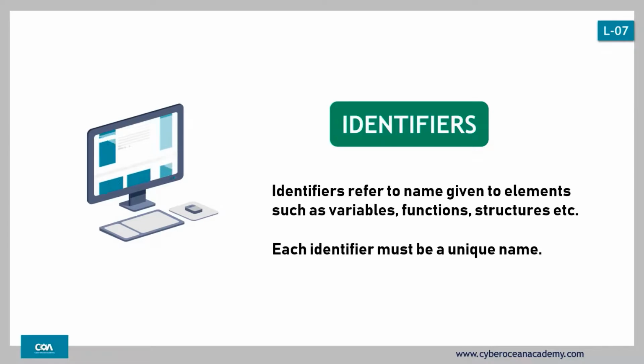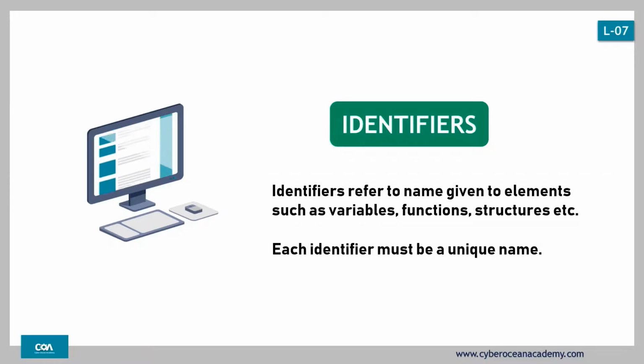An identifier refers to the name given to any elements like variables, functions, structures, etc. We define the name of a variable, function, or structure, and that name should be unique. It is not predefined.